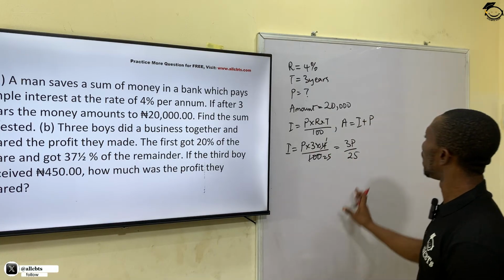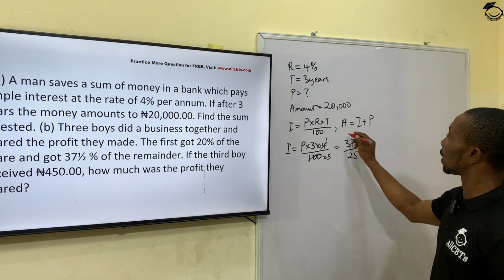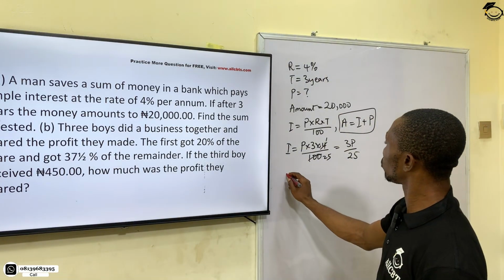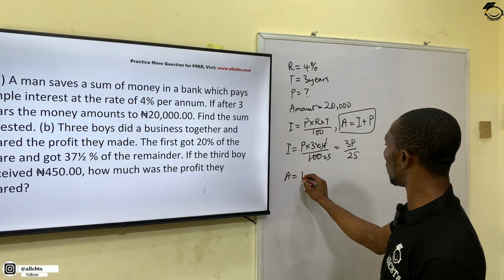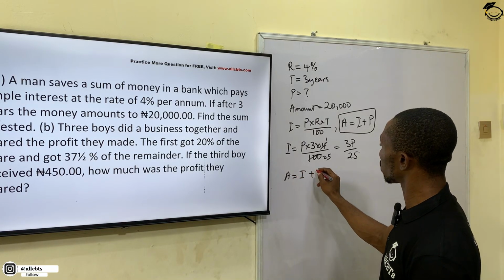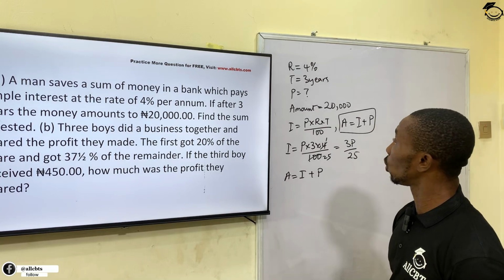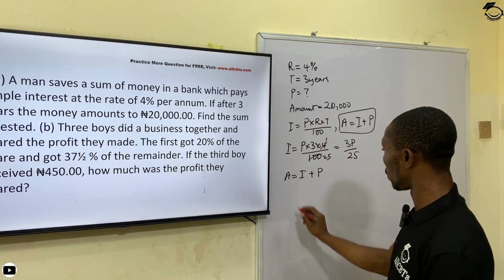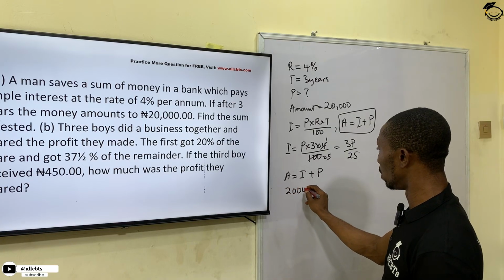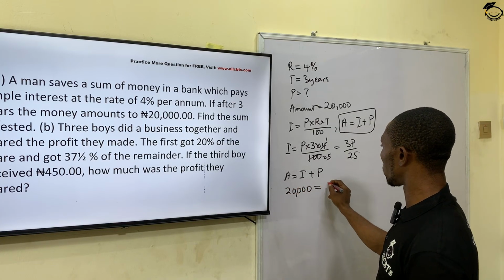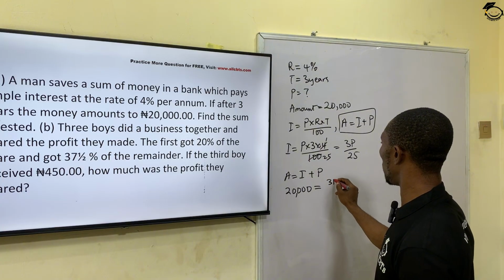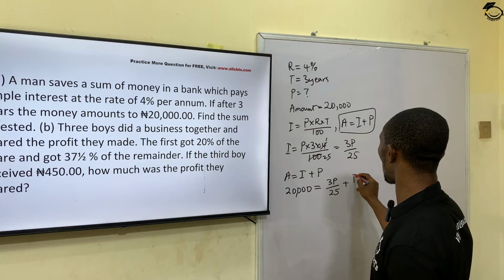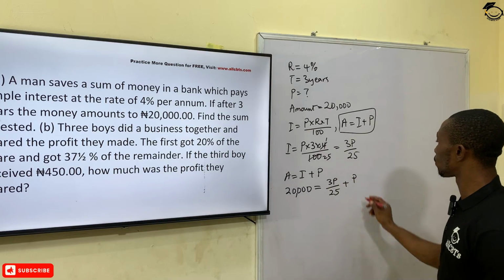Now having this as our interest, let's substitute it into this. Now we have amount equals interest plus principal, and we are told that it amounted to 20,000. So we have 20,000 equals interest, which is 3p over 25 plus p over 1.